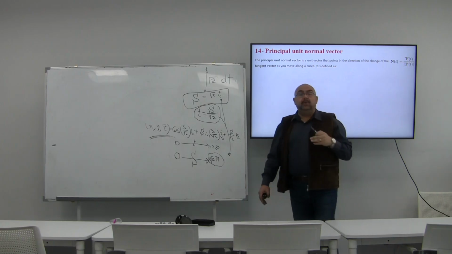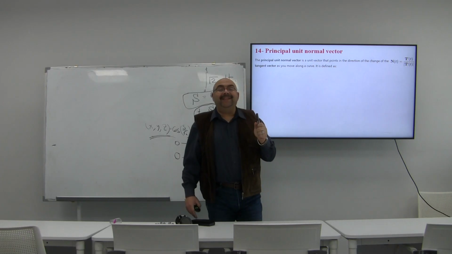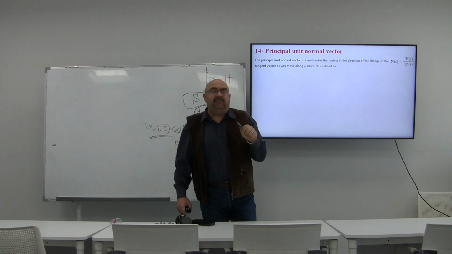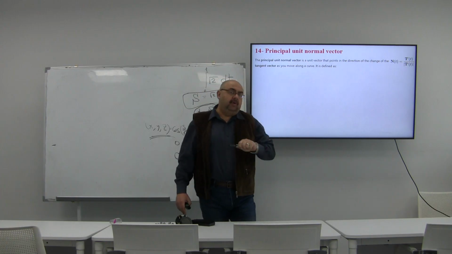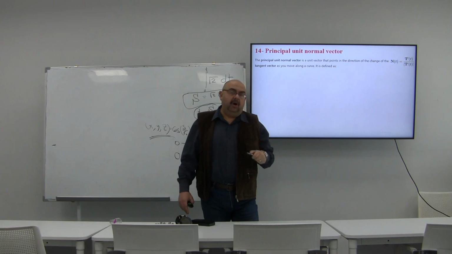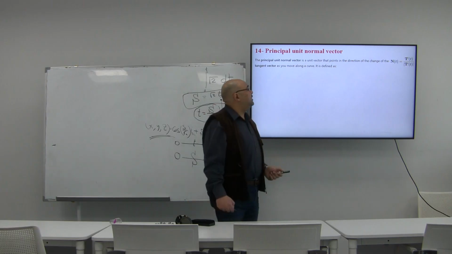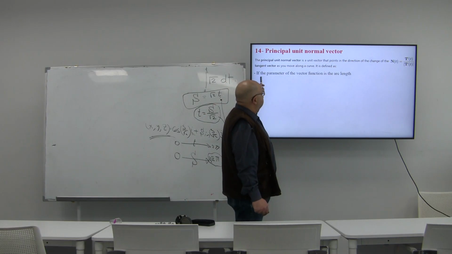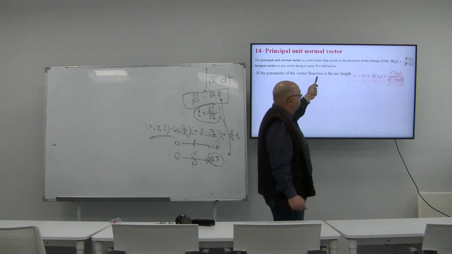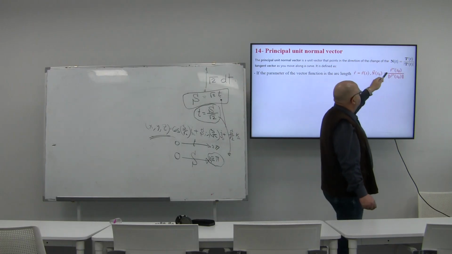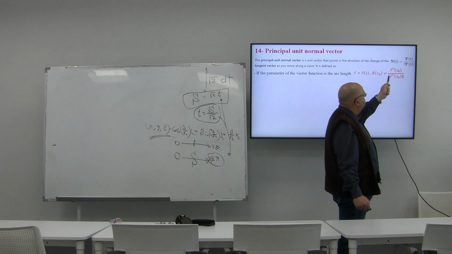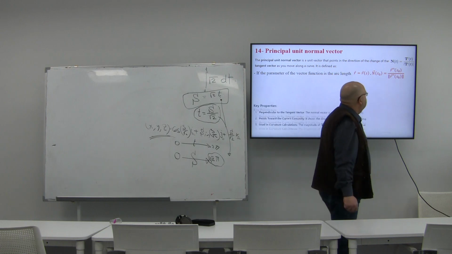If we are dealing with R, it means get the second derivative of R by the magnitude of the second derivative of R, or the acceleration in general. So, if the parameter of the vector function is the arc length, all I have to use is R double dash of S node by R double dash of S node magnitude.